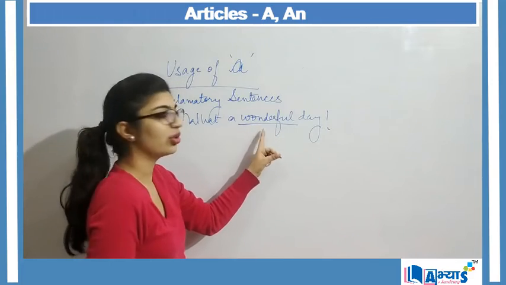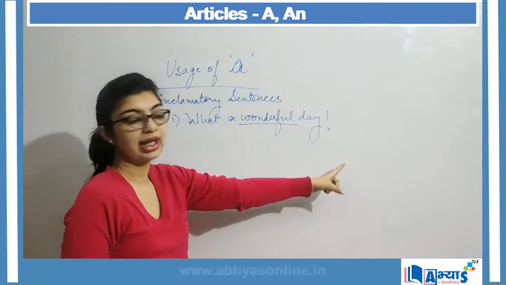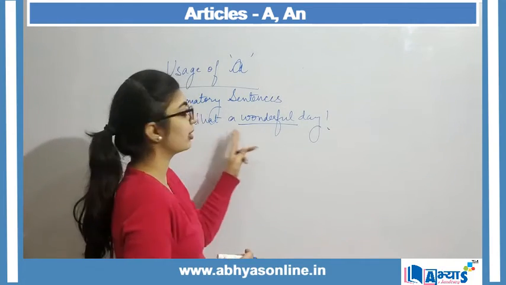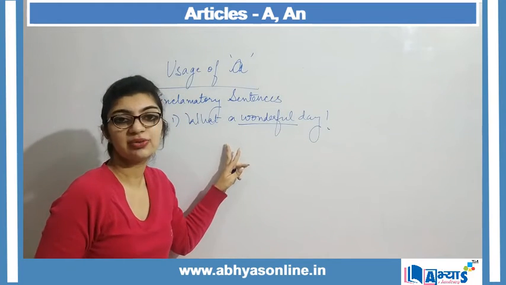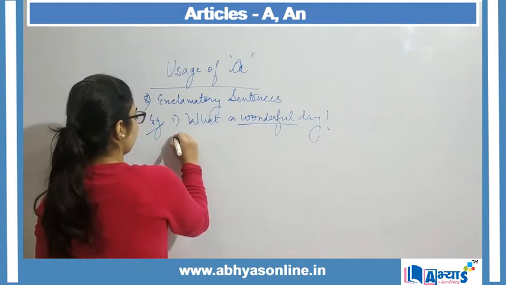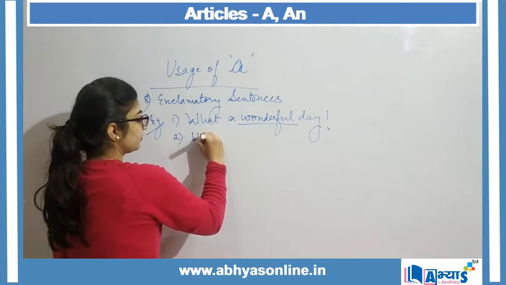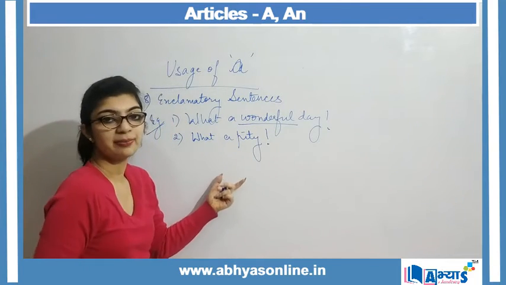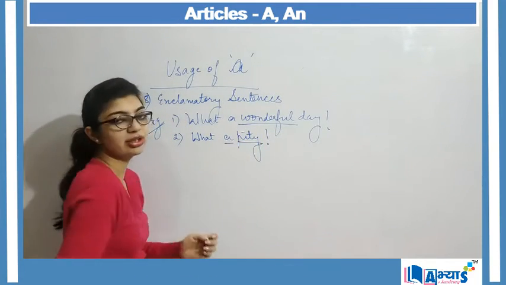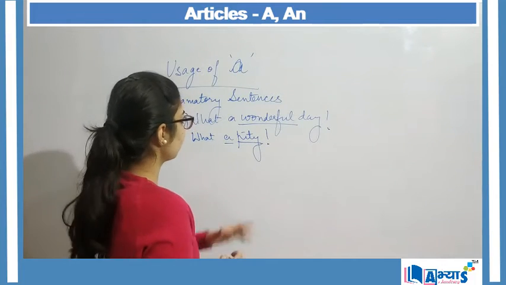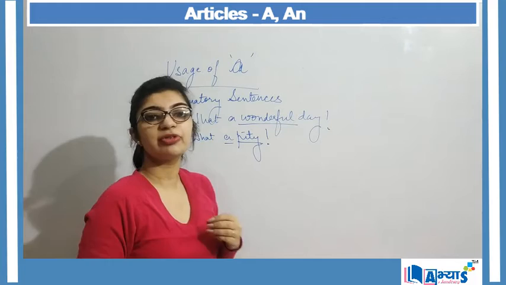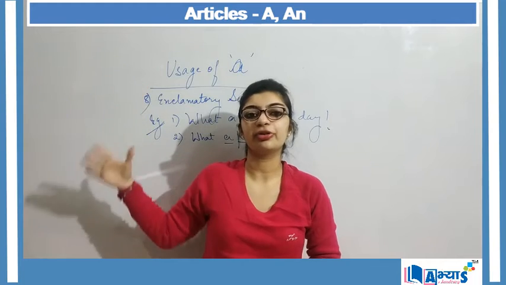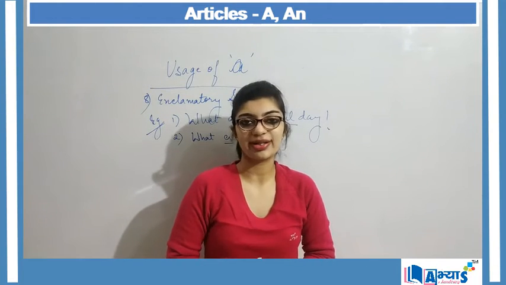But here again I am using some kind of exclamation. What a wonderful day. Another example can be, what a pity. Again, pity is a noun, and before a noun I am making use of my article a. So this was where we can use only one type of article, a, but in different ways, right?